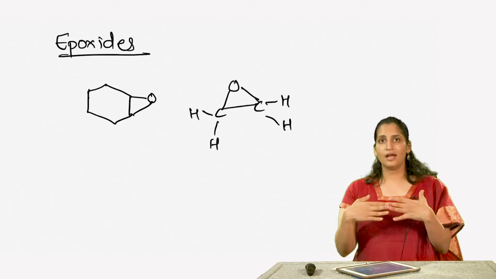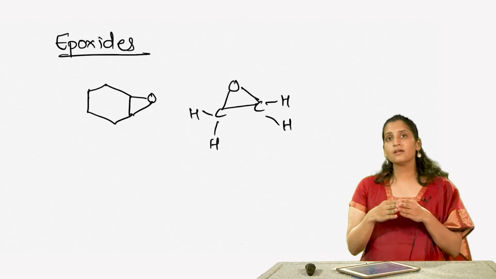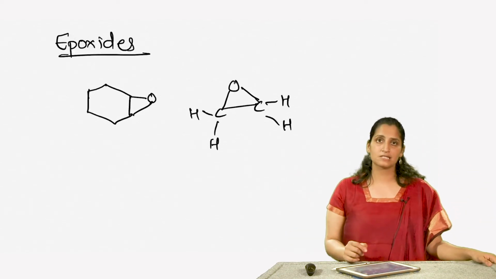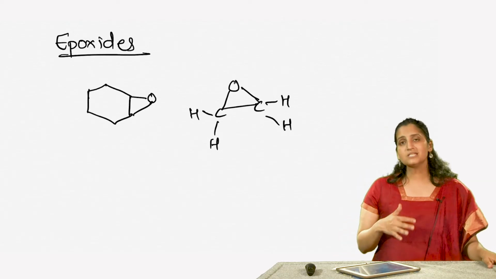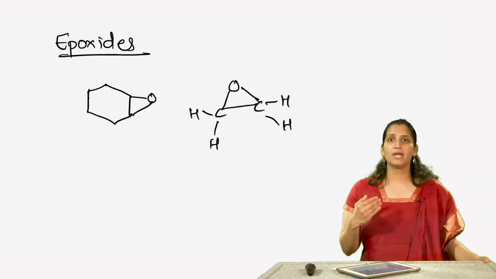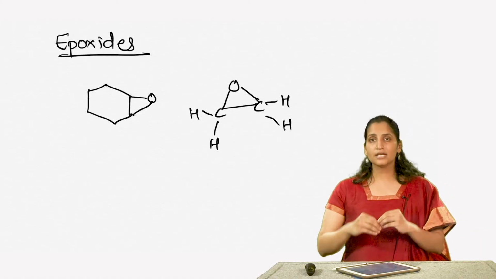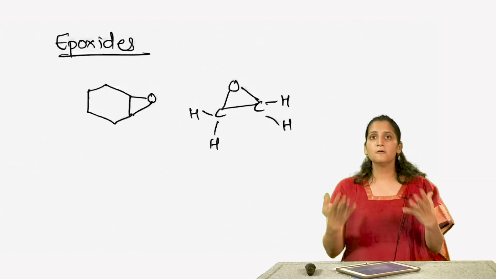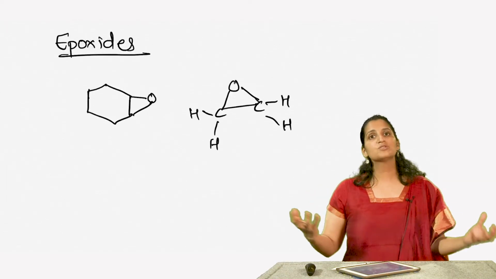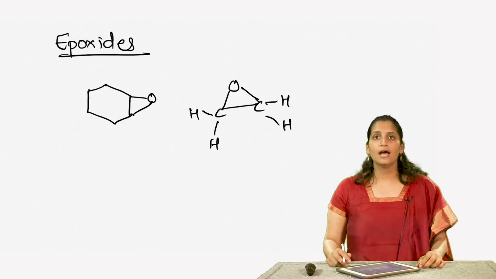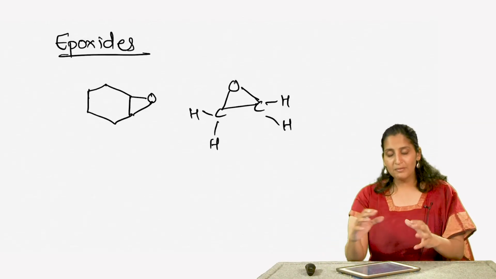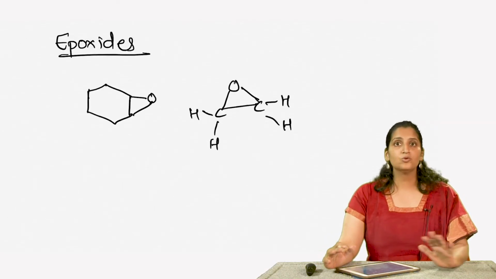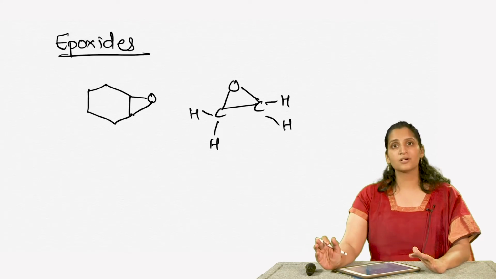it really strained, and in fact cyclopropane ring performs reactions in which it opens up to really relieve that angle strain. And in the case of epoxides as well, you will see reactions which are mainly such that the epoxide ring will pop open and it will release that angle strain because it wants to achieve closer to 109.5 degrees as the bond angle, and that makes epoxides one of the most reactive functional groups as compared to most other ethers or even other functional groups.